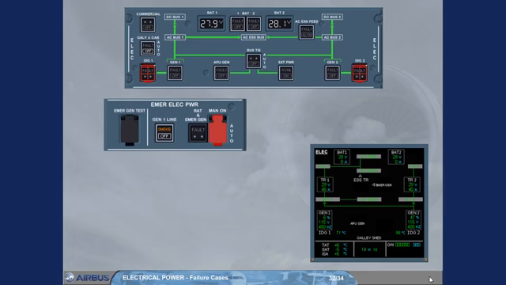To set the emergency ELEC configuration, the RAT and EMER GEN push button must be pressed to start the emergency generator. Then, when it is online, as shown on the ECAM ELEC page, the APU GEN and GEN 2 push-button switches must be set to off.